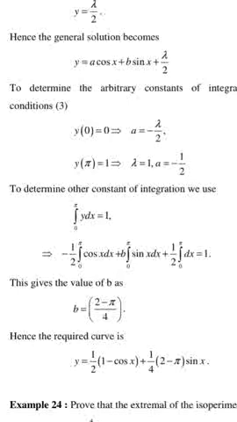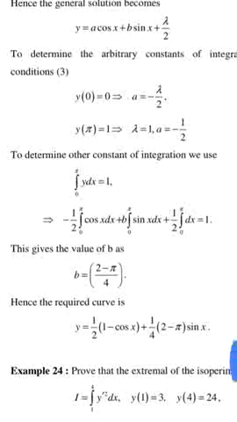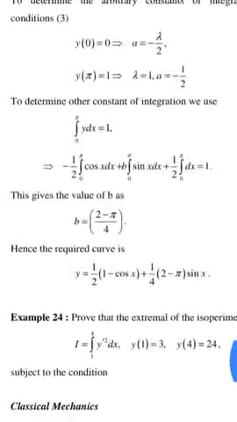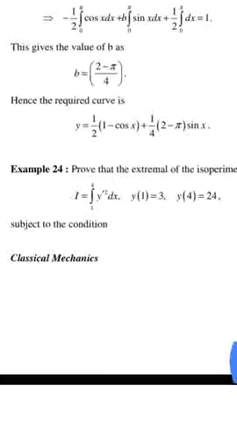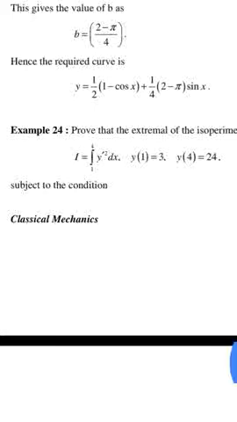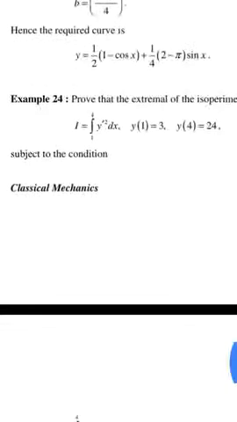That is, minus 1 by 2 integral from 0 to pi cos x dx plus b integral from 0 to pi sin x dx plus 1 by 2 integral from 0 to pi dx is equal to 1. This gives the value of b as b is equal to (2 minus pi) divided by 4. Hence, the required curve is y is equal to 1 by 2 into (1 minus cos x) plus 1 by 4 into (2 minus pi) sin x.